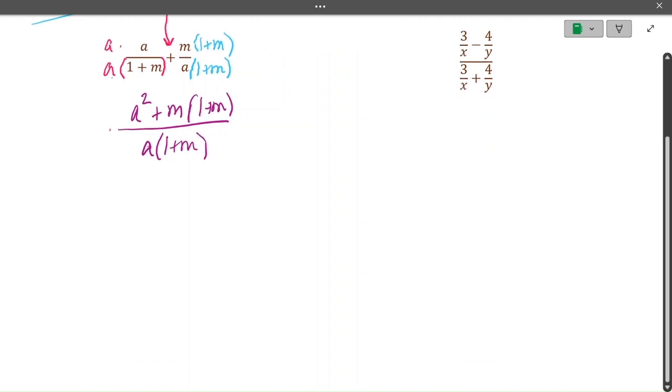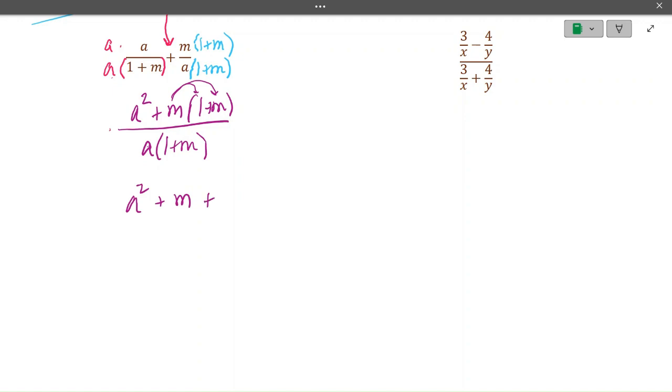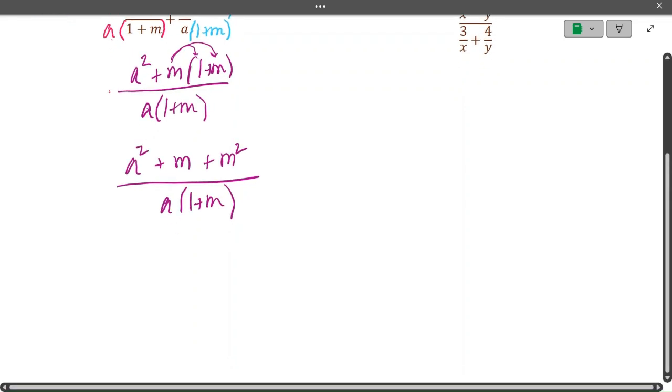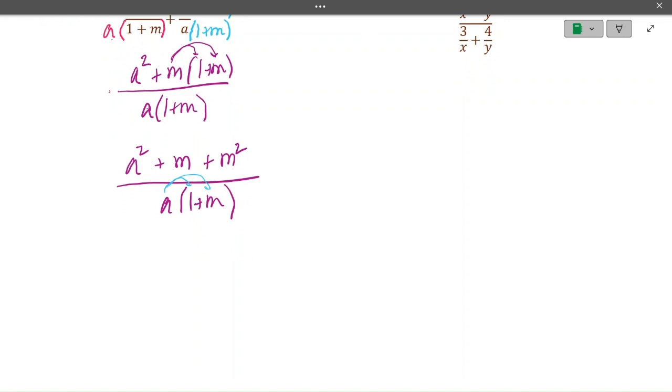Now, this is not simplified enough, so I'm going to go ahead and distribute this m throughout to get the parentheses out of the numerator. So m times 1 is m, plus m times m is m squared. So that numerator is fine. So one of the ways you could leave your answer is like this. Another way that you could write your answer would be to distribute this a to both terms, okay?